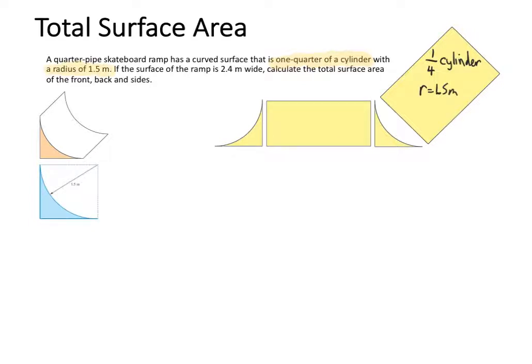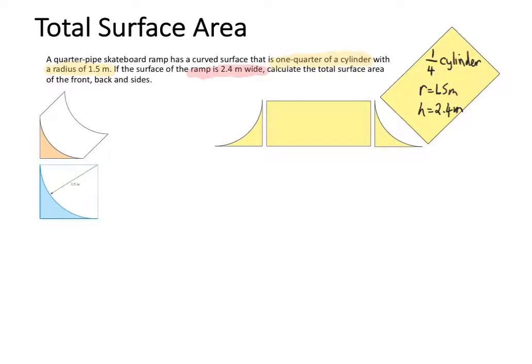That information comes directly from the question. So the width of the skateboard ramp is 2.5 meters. This is the measurement that forms the height of our cylinder. So the height of our cylinder is the width, or 2.5 meters.